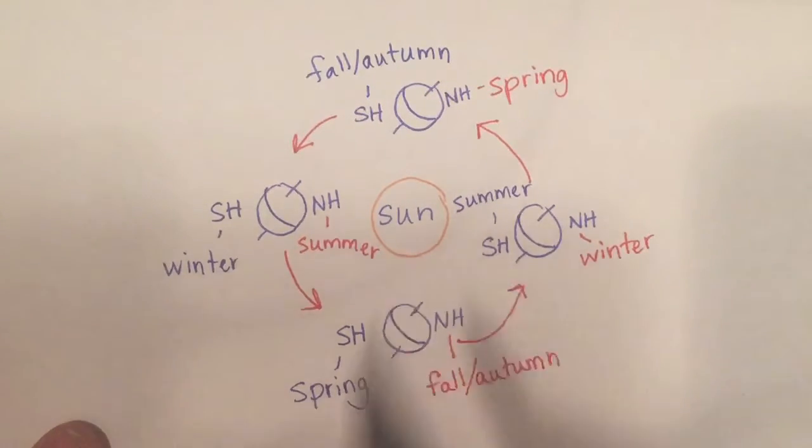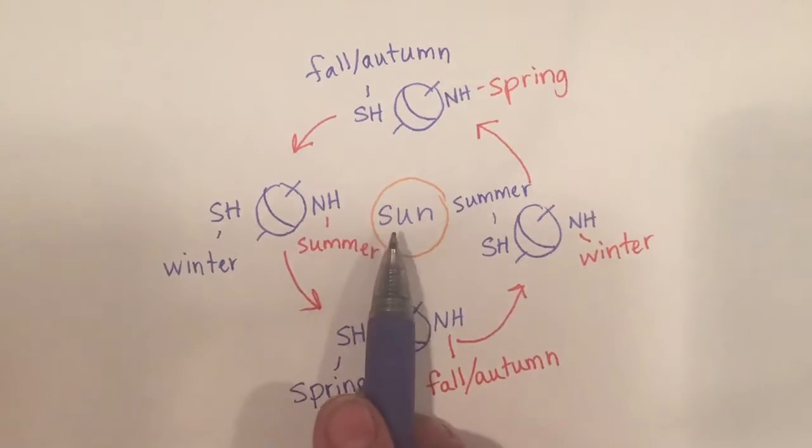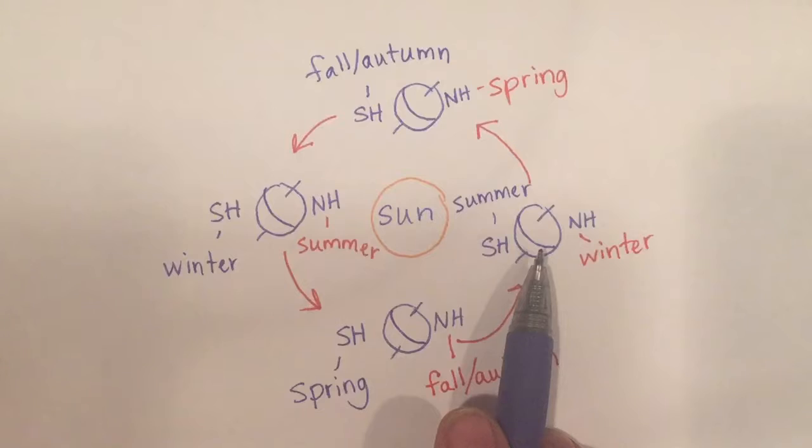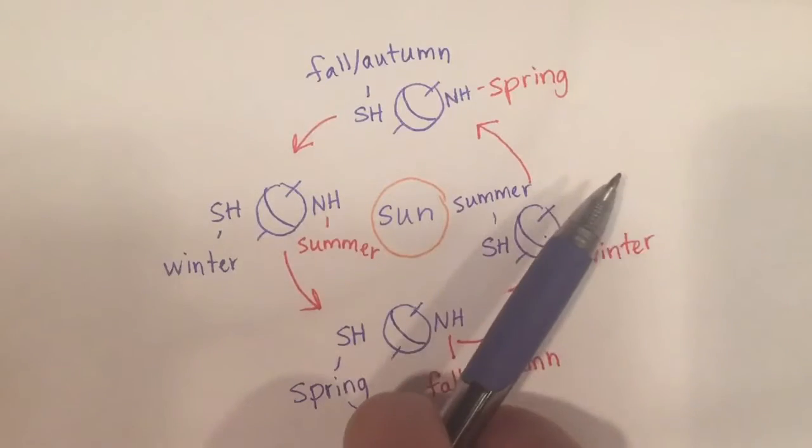Now, how can I just look at any of these without all of the words on it and know what season the Earth is in at that moment? Or which hemisphere is experiencing which season? Well, if I look at this one, for example, I see that the northern hemisphere, the axis is pointing away from the sun.